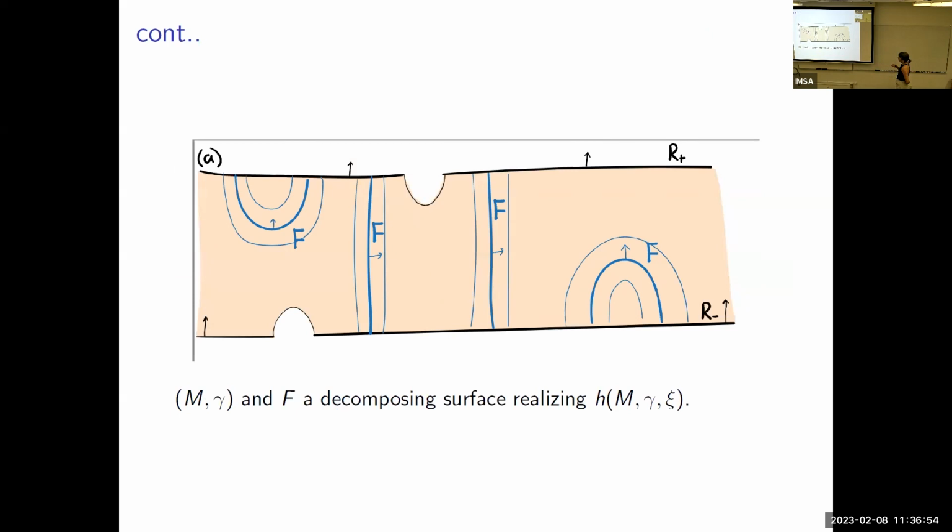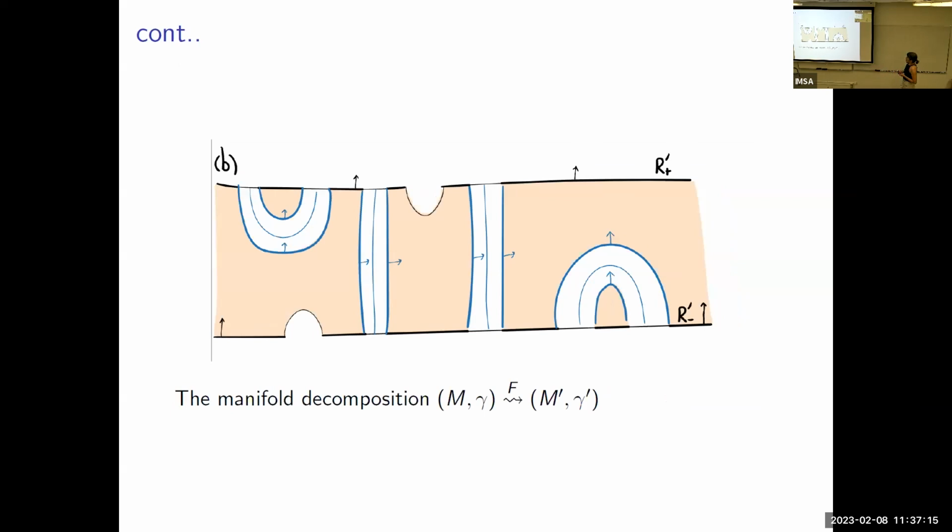We are assuming that the boundary of F is not contained in the annular suture. Here we see colors of the decomposing surface, and this picture represents the manifold decomposition.